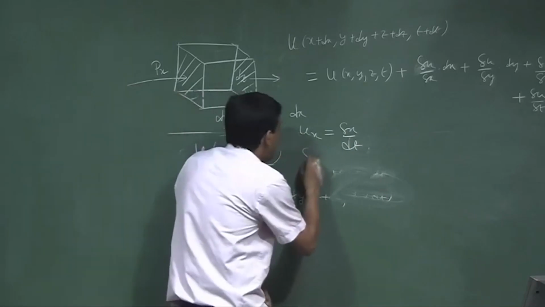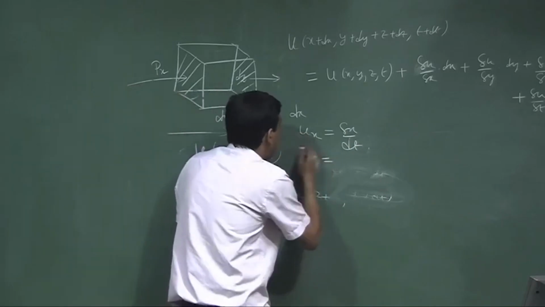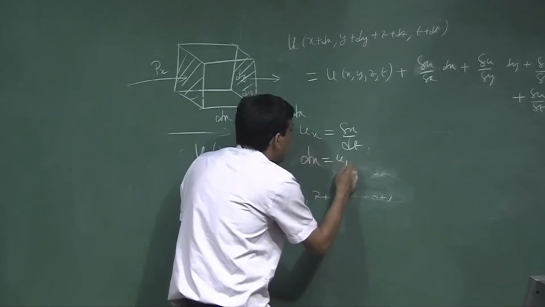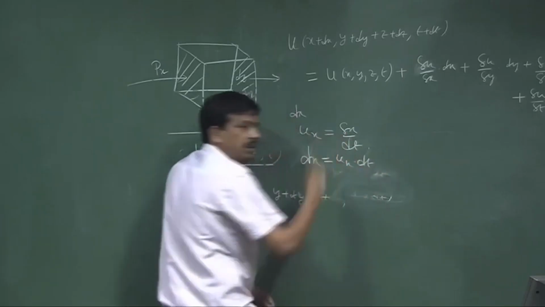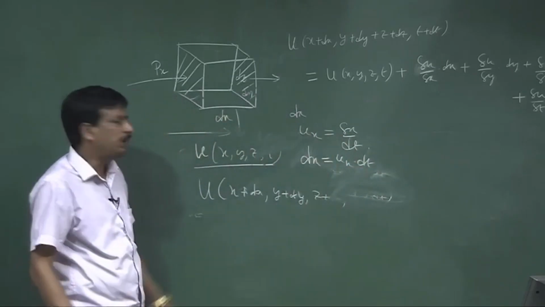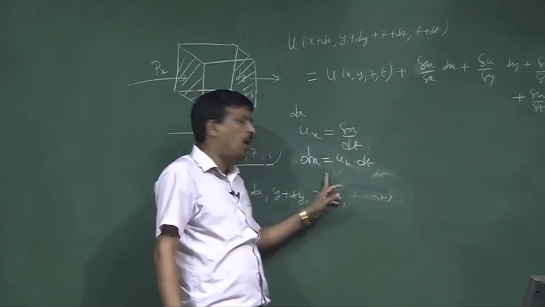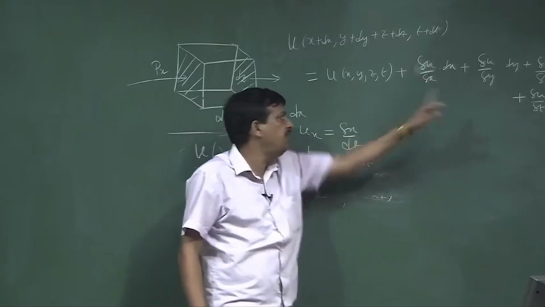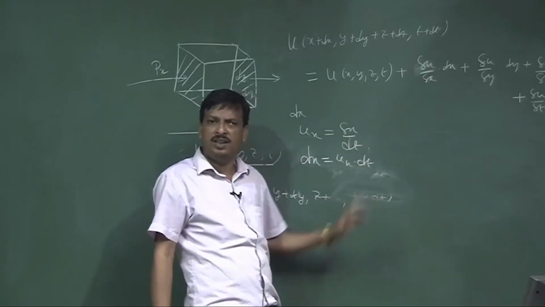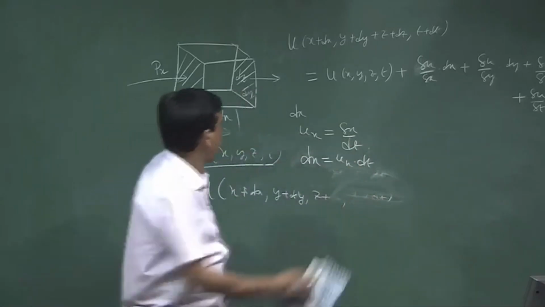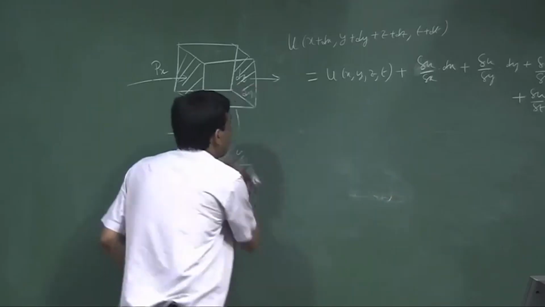So dx is nothing but ux into dt. Similarly, dy is uy into dt, dz is uz into dt. So, I put these in the equation.